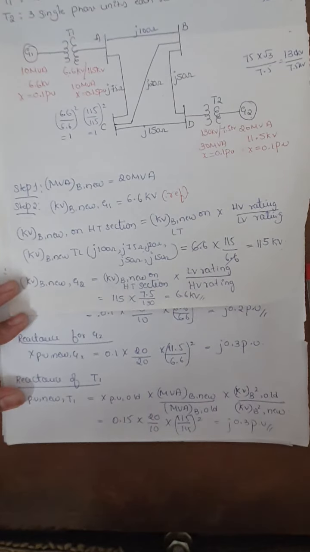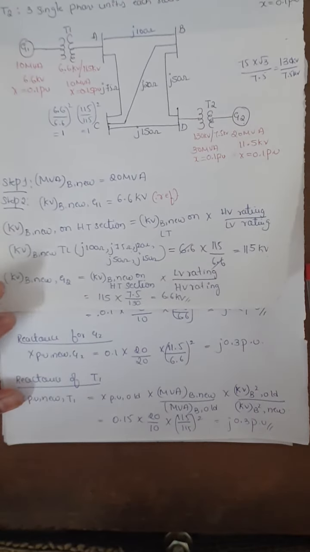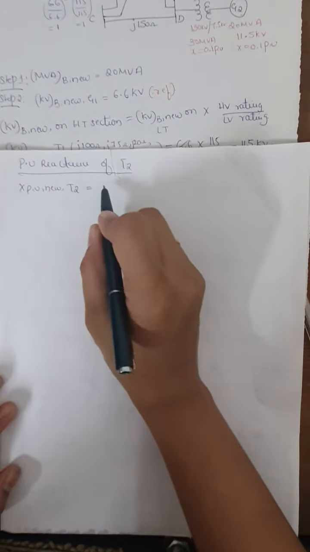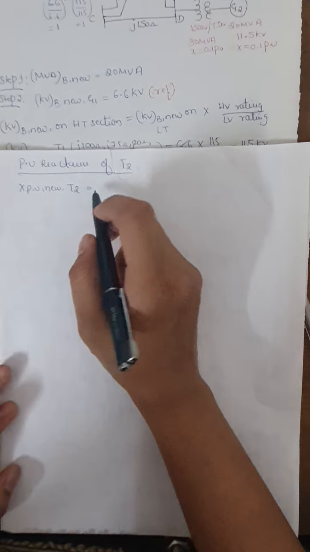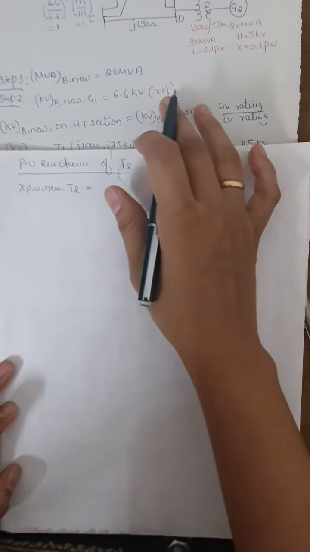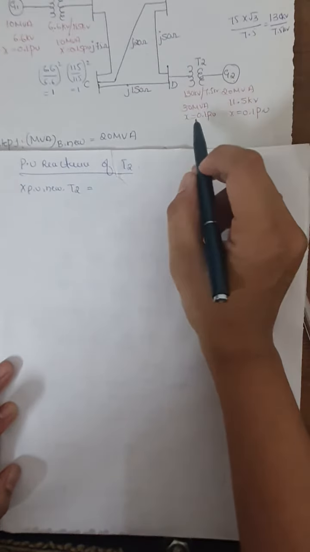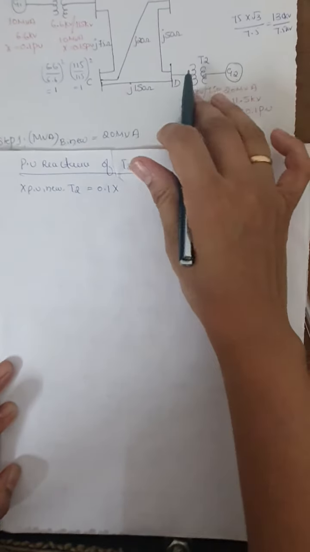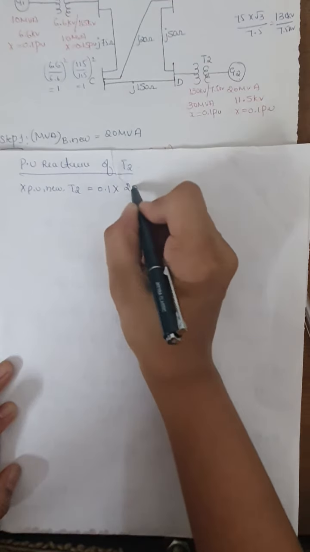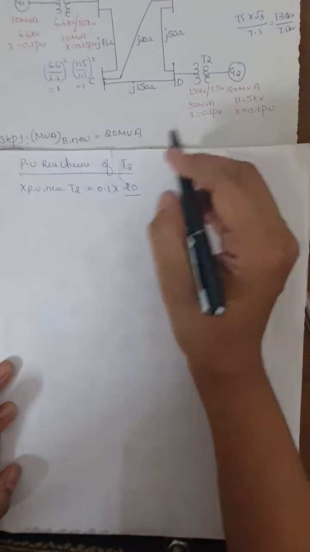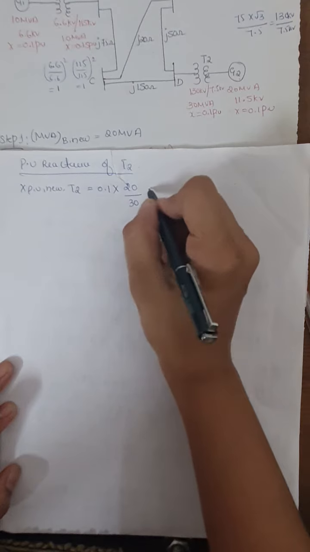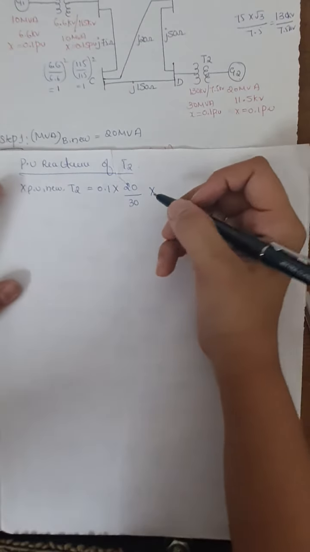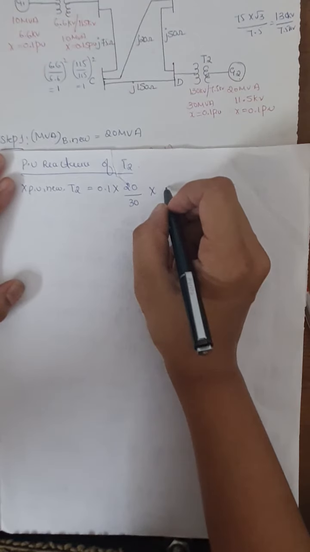So the last component left is the transformer 2, which I'll do here. Now doing for the T2 transformer, X per unit old value given in the problem for the T2 transformer is 0.1, multiplied by MVA base new, it is 20 MVA, divided by MVA base old as 30 MVA, multiplied by kilovolt base square old divided by kilovolt base square new.